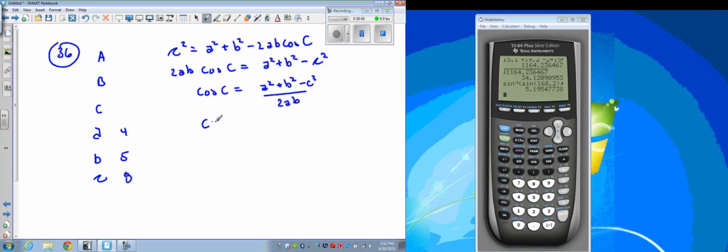So C is going to be the cosine inverse, right? So I'll put the numbers in. 4 squared plus 5.